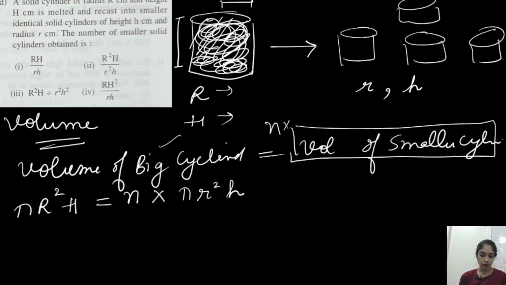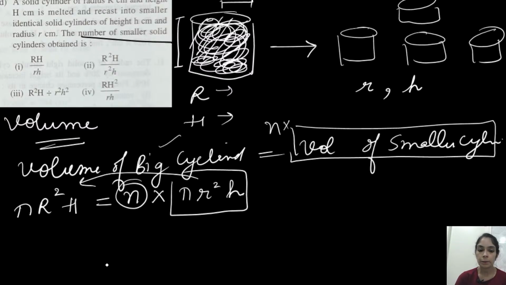Now we have to find the value of N because they are telling number of smaller. See, the question says find the number of smaller solids. So if we have to find N we will keep on this side and this we will shift to other side. So this is pi r square h. When we are shifting to this side, pi r square h will get divided because here it is getting multiplied.